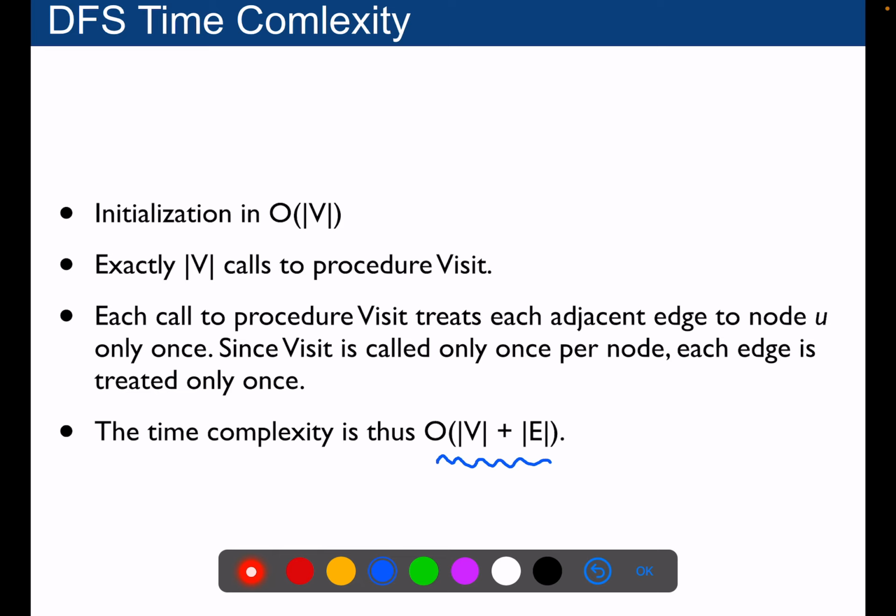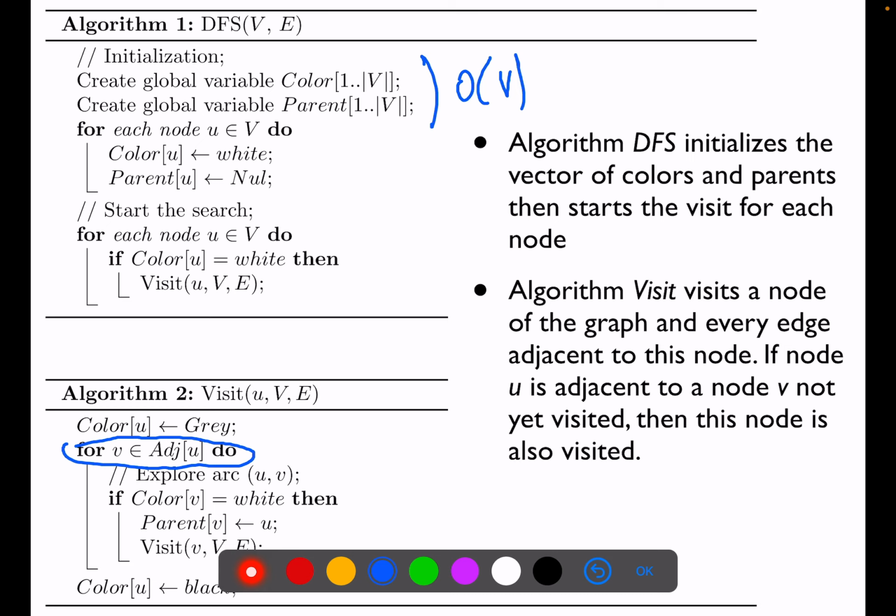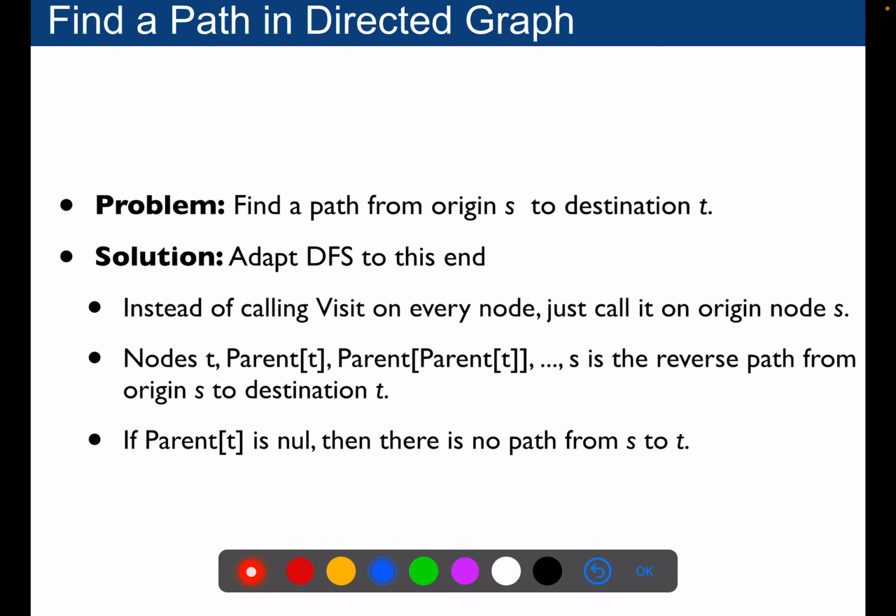So it's really an algorithm that is used for visiting the edges, but as a byproduct you also have this very interesting data structure that is created for you, which encodes the forest. The parent data structure encodes the forest, and you can use it to find a path in a directed graph.